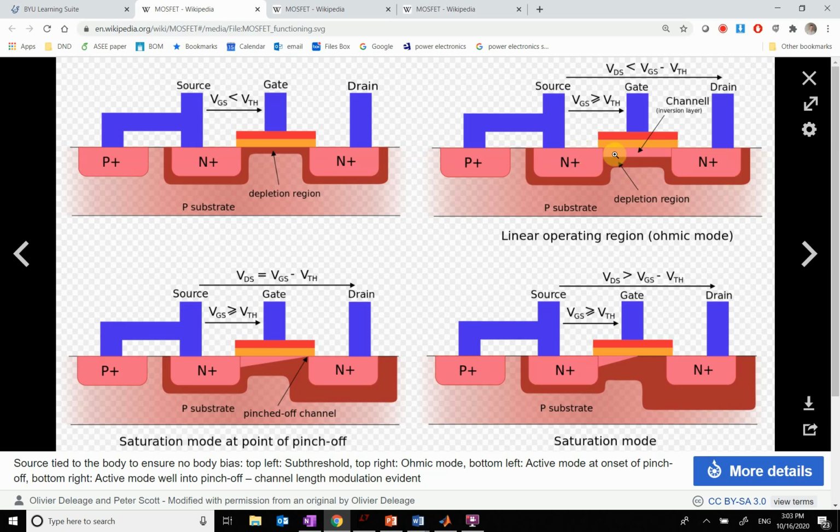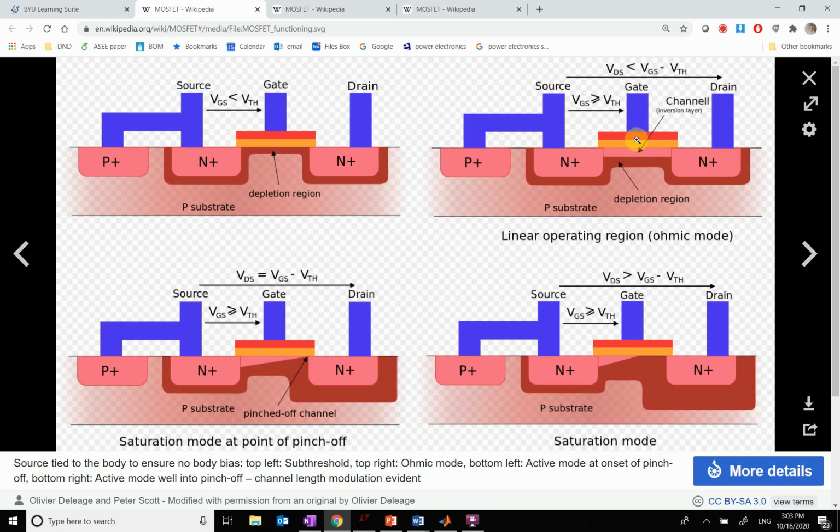The bigger the voltage is, the bigger the channel, the lower the resistance. So if I make a high voltage here, I can create a large channel, and then I can affect how easy it is to flow current from the drain to the source. So you see that this gate region is still my control region. This is kind of like my base was before, to do the control.